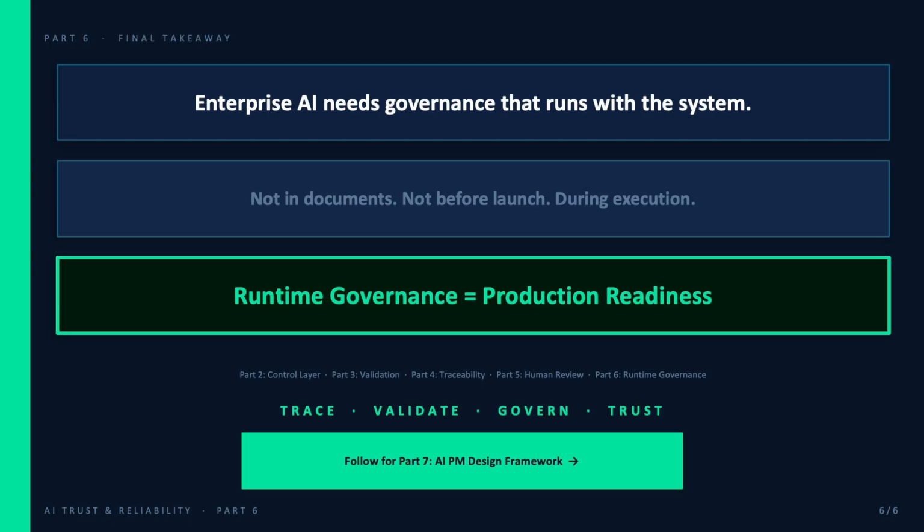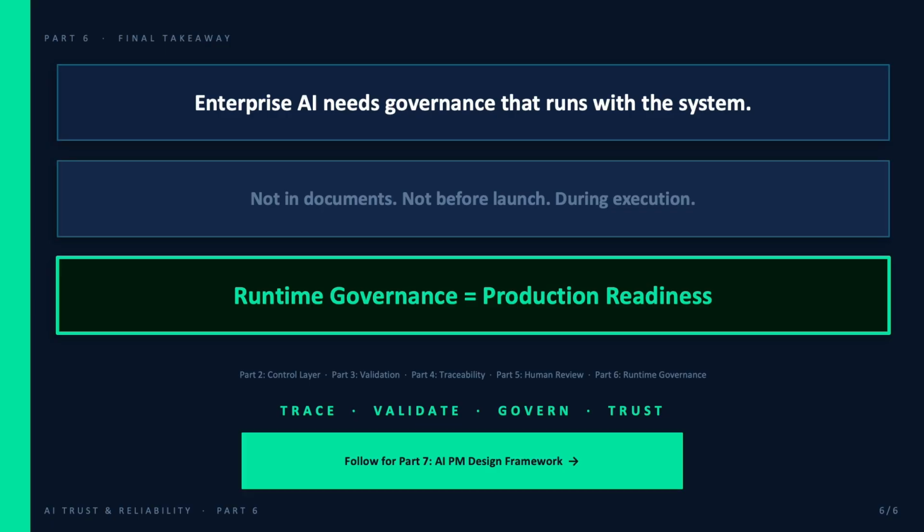Here is the takeaway. Enterprise AI needs governance that runs with the system, not only in documents, not only before launch, but during execution. That is the difference between policy theater and production governance. This ties together the earlier parts of the series: validation before action, traceability and replay, human review at the right control points, and now runtime governance.